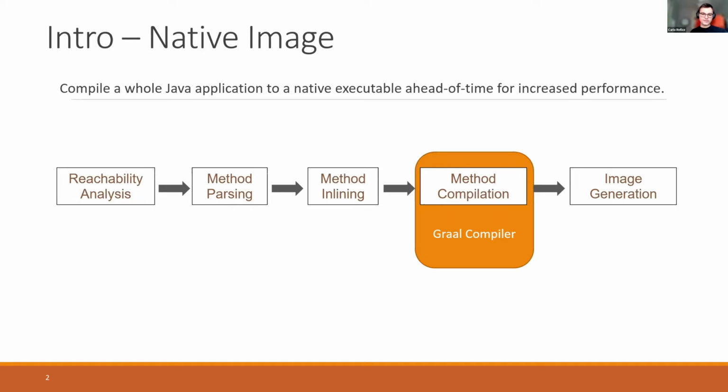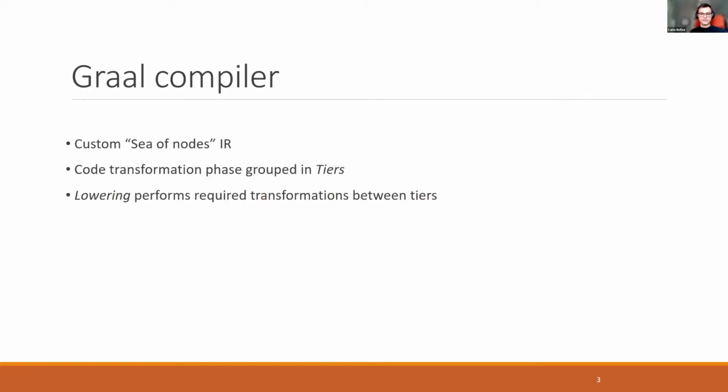And the improvements I described today all happen in method compilation within the Graal compiler. So let's drill down a bit. I will also give a very brief overview of how the Graal compiler works internally. Specifically, I will focus on the front end of the compiler, although much of what I will be talking about today also extends to the back end in a similar way.